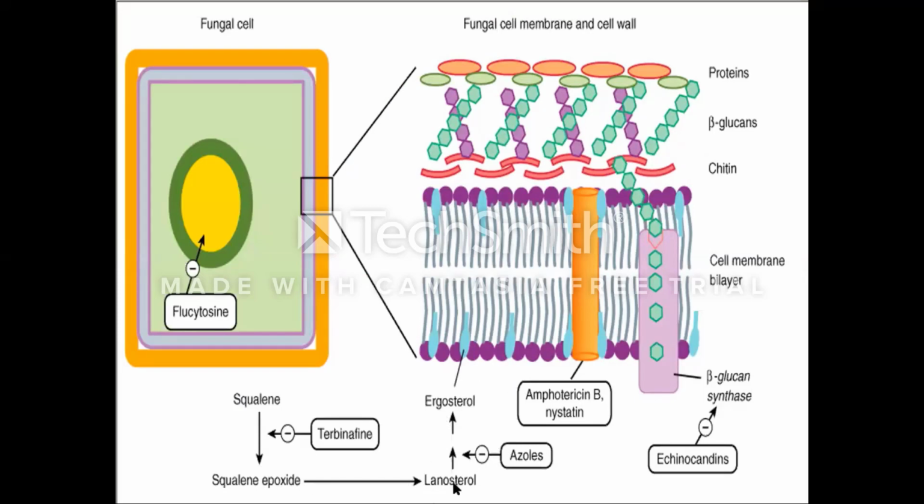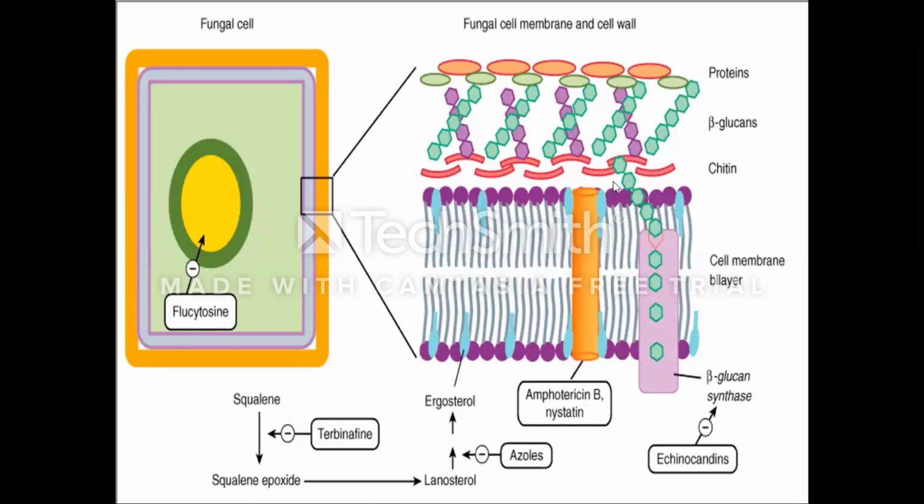So this intermediate pathway, that is conversion of lanosterol to ergosterol, was getting inhibited by azoles. Now let us understand where echinocandins are working. You can see that there is the beta glucan synthase enzyme, which is causing the synthesis of this beta glucan. And as the synthesis takes place, this beta glucan gets added up into this cross-linking of the cell wall.